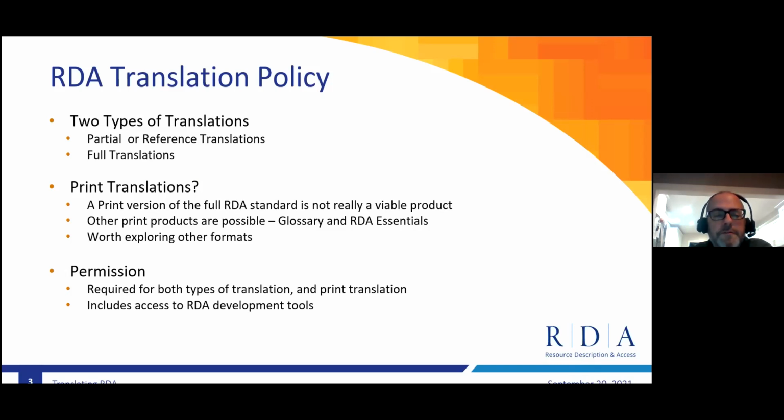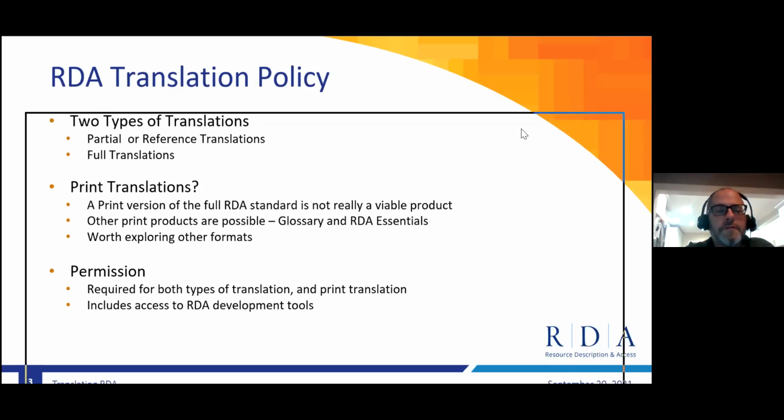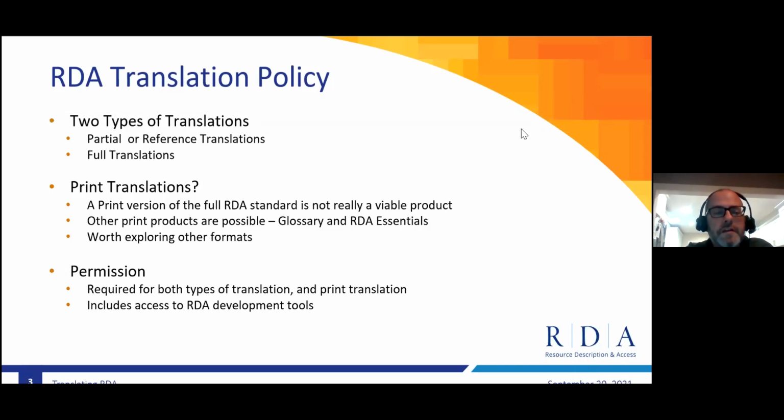Basically, there are two types of translations. There's a partial, or what we sometimes refer to as reference translations, and there are full translations. The policy contains some information about print translations.